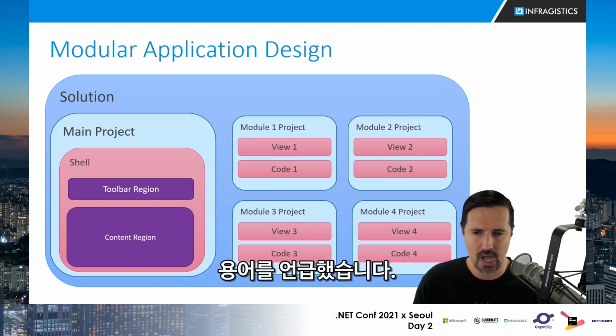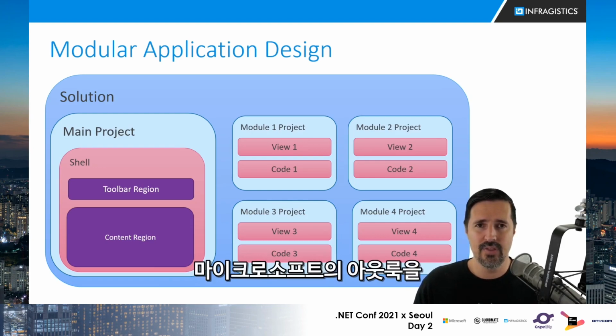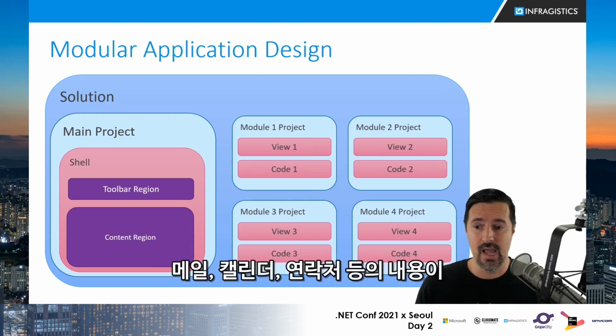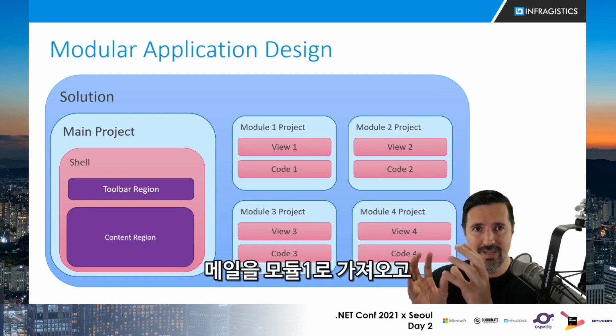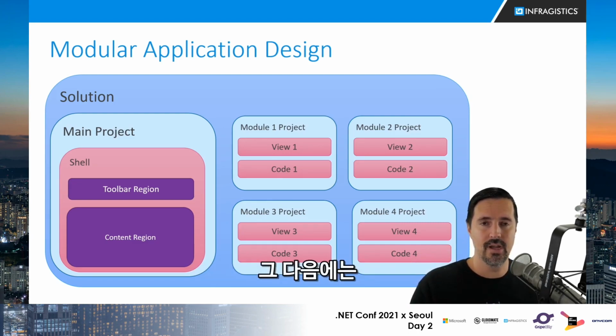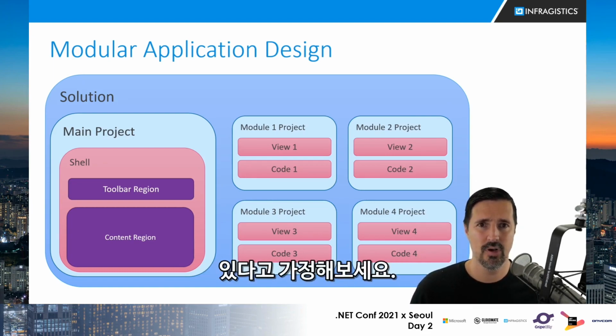We use the term module, and I like to look at a module as more of a functional area of your app. Okay, so if you think of Microsoft Outlook, it has mail and calendar and contacts. Imagine pulling mail out into module 1, and you'll have another module for contacts and another module for your calendar.